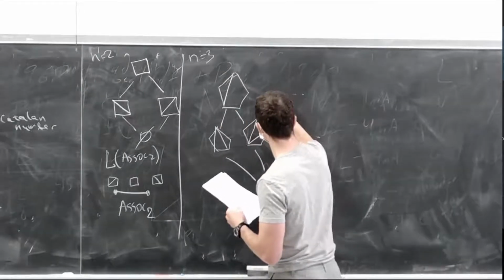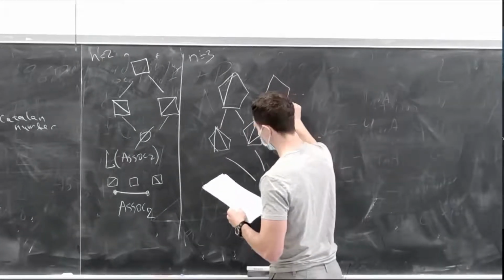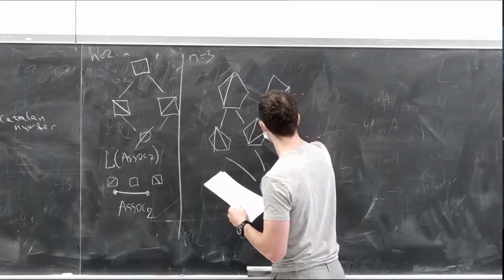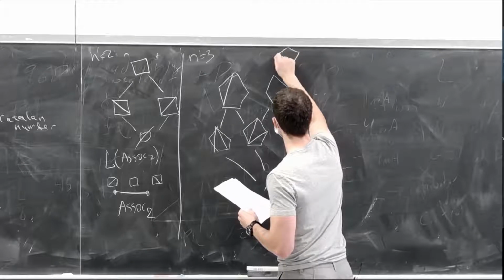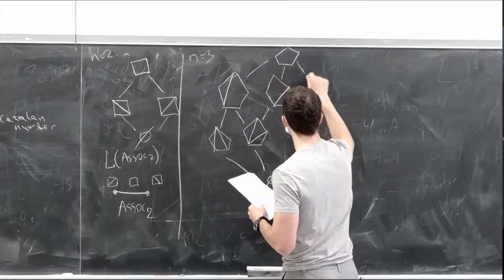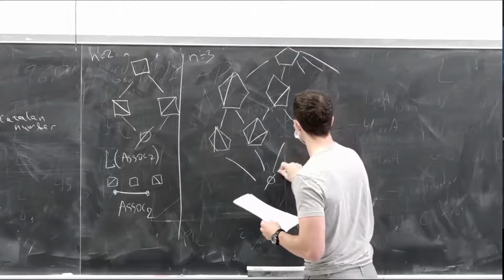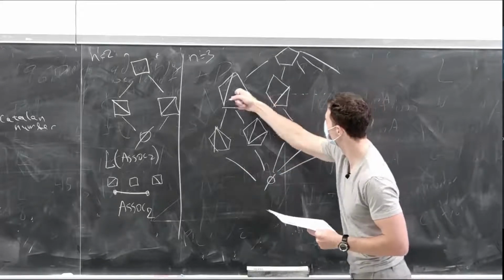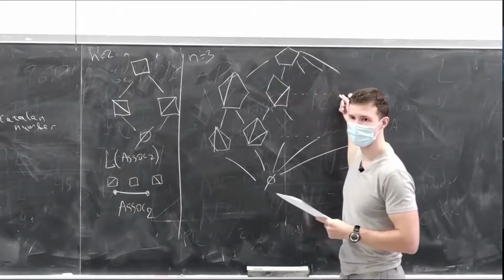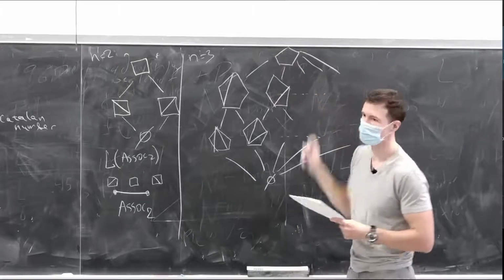I can do one more. And then there is the empty pentagon on top. So there are 5 triangulations here, and then there are 5 diagonals here, and then there's 1 pentagon.